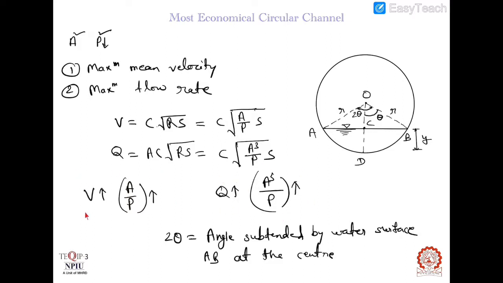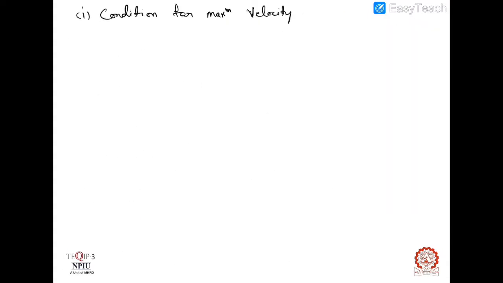So we are finding the condition for maximum velocity, so we have to find the condition for maximum A upon P. We have to vary the value of theta such that A upon P is maximum. To find the value of theta for maximum A upon P, we have to differentiate A upon P with respect to theta and equate it with 0.